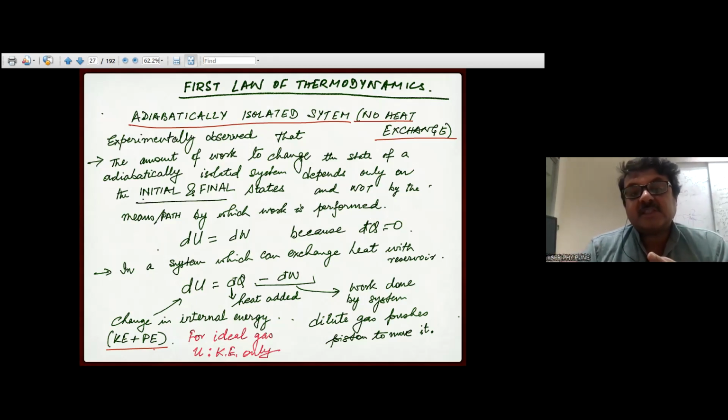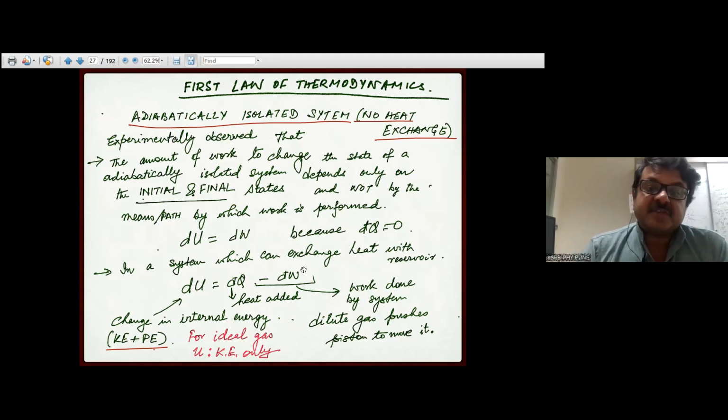And we know that the internal energy today, we know, previously we didn't, but in this year, 2022, or 23, we know that the internal energy consists of the energy of interaction plus the kinetic energy.